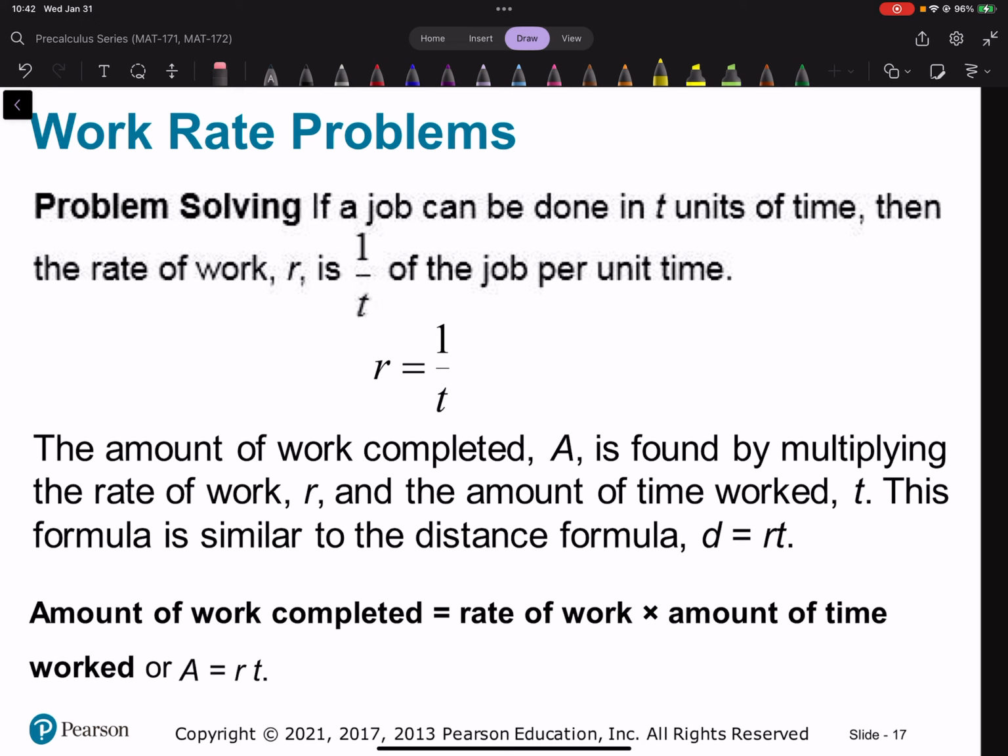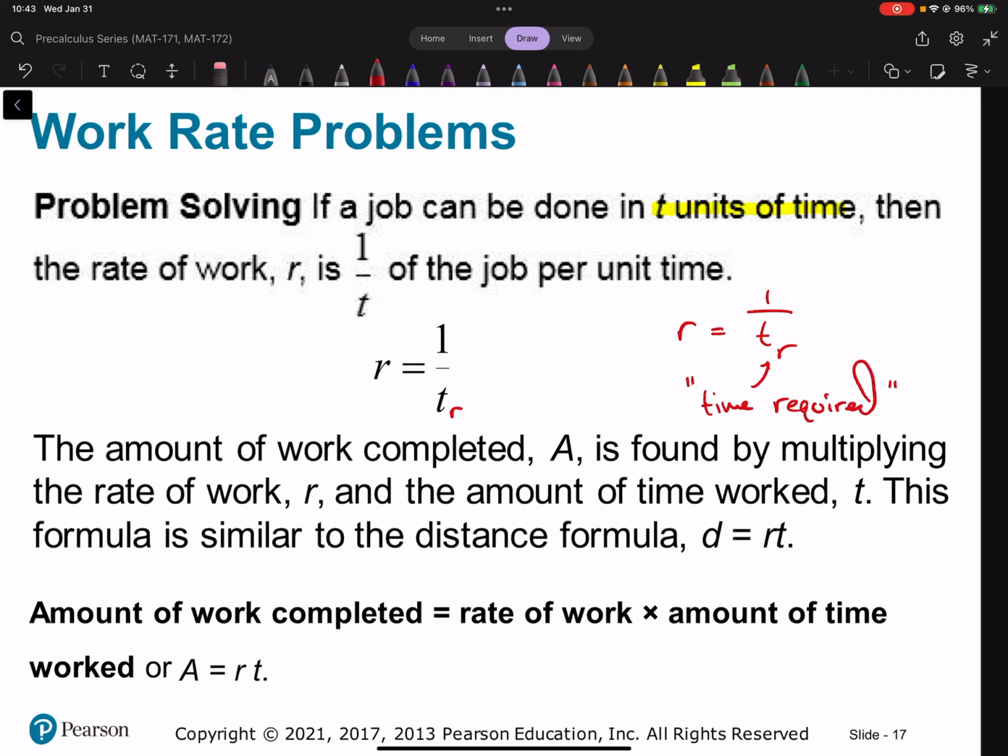If a job can be done in t units of time, all right, so t, we're talking about units of time, that is, then the rate of work, R, is 1 over t. Now, this formula I would like to modify a little bit. I would like to add a little r here so that the rate of work, or work rate for a person, is going to be 1 over the time required to complete a job.